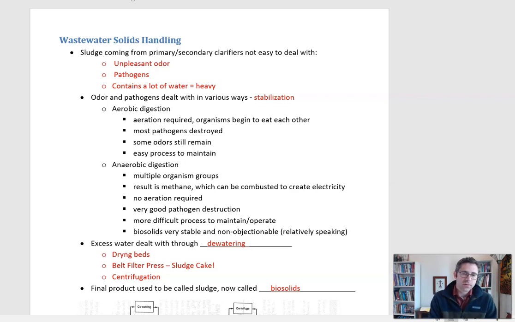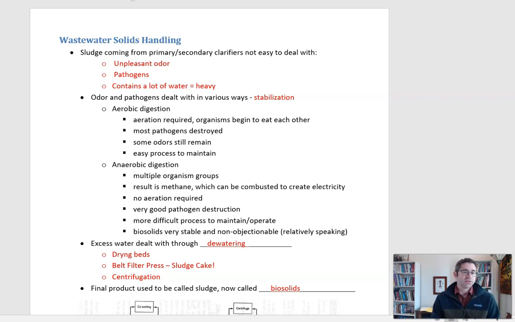As opposed to anaerobic digestion, which is probably the most popular, where in this process there's very little to no energy input. There may be a little bit of additional preheating depending on the environment, but out of this process you generate quite a bit of energy in the form of methane, and that methane can be harvested and combusted to create electricity, which can then be fed back into the process.